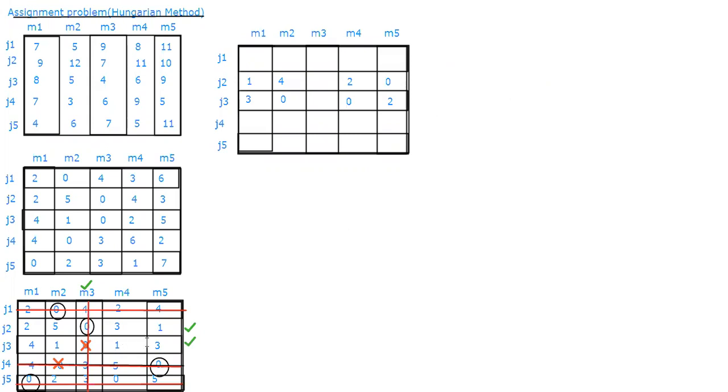Then he said, add the same element to the intersecting point. We subtracted 1 from the uncovered part, now we have to add it to the intersection points. So where we have intersection points, please see here. I'll mark it once again.